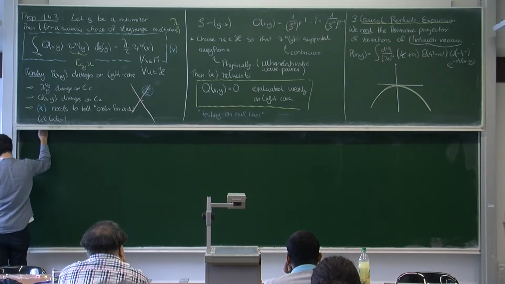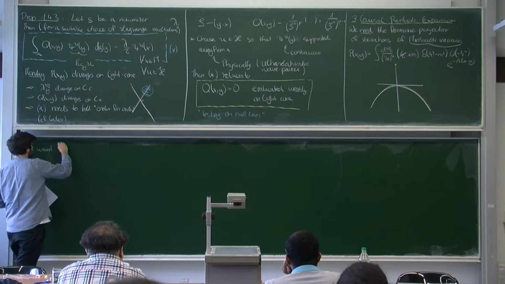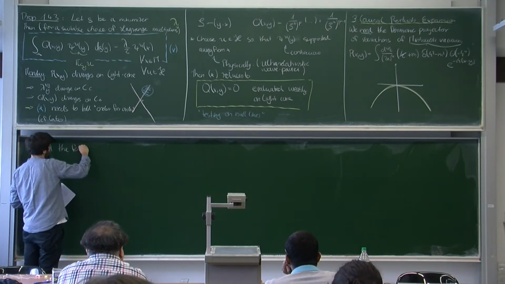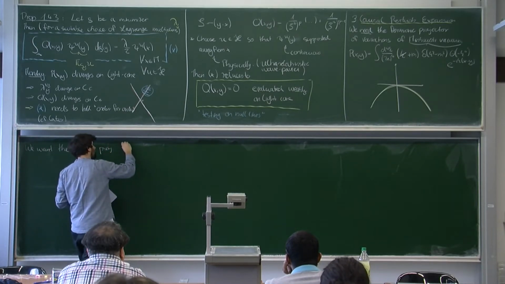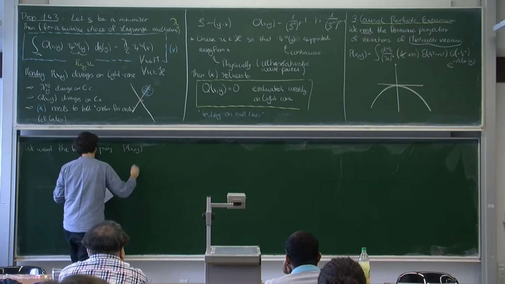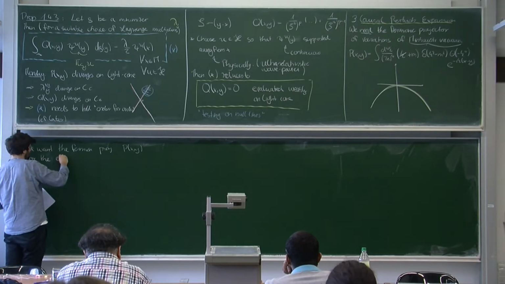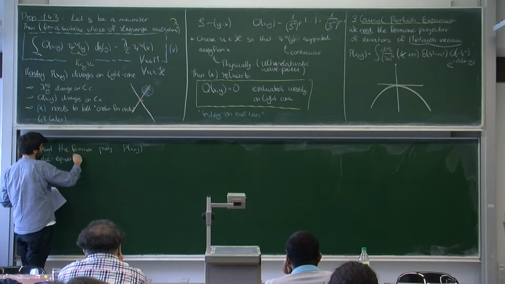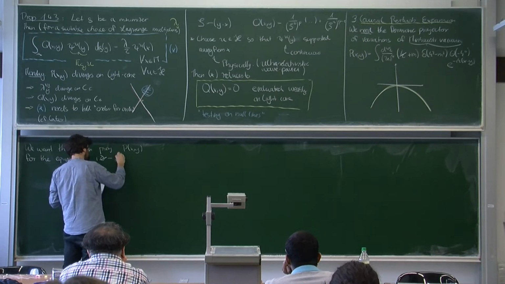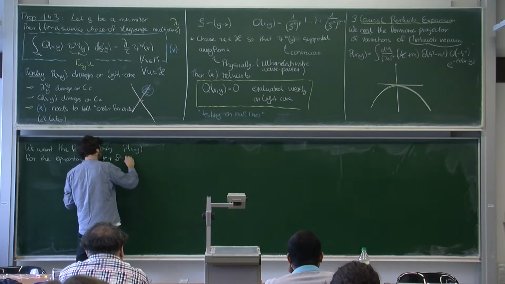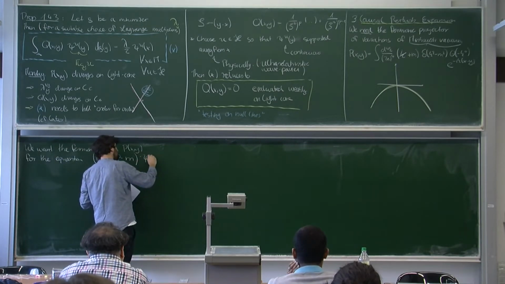So what we study now is the fermionic projector Pxy for an equation of the form: i d slash, it's just the Dirac equation, plus b, minus m, applied to psi, is 0.